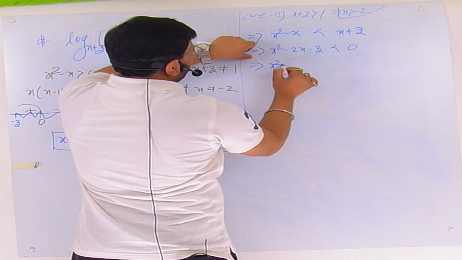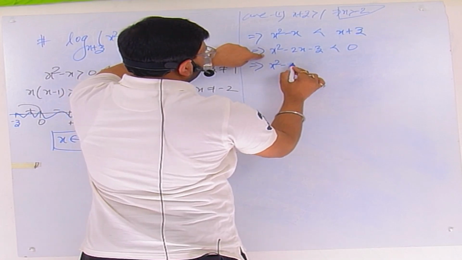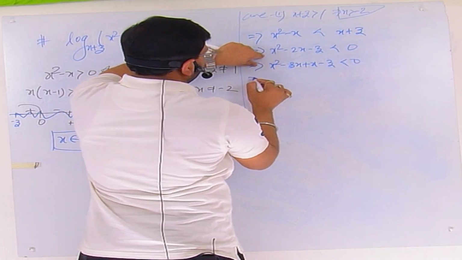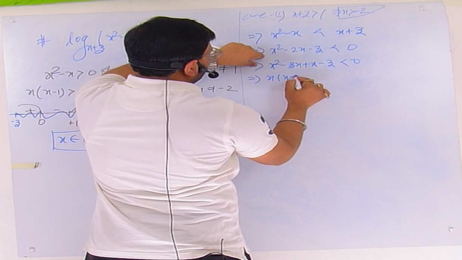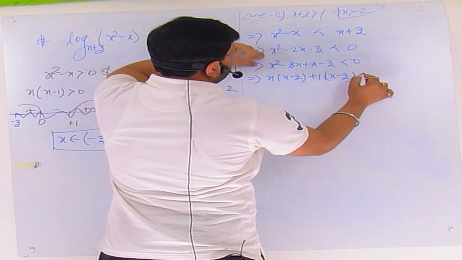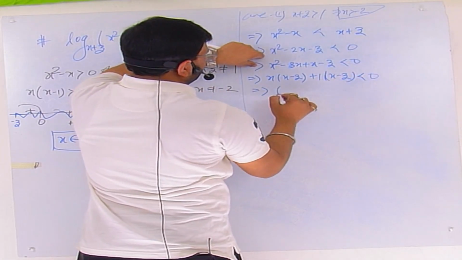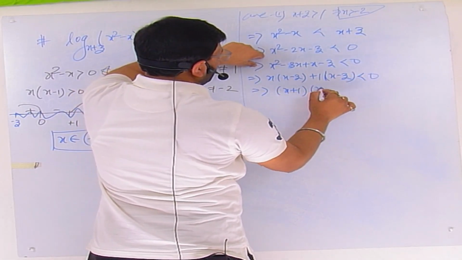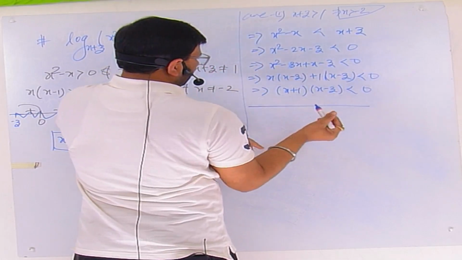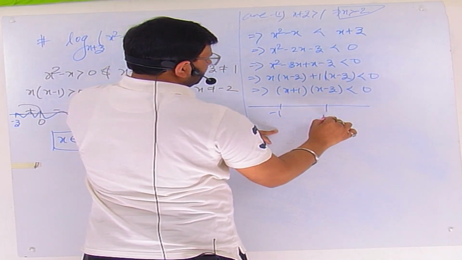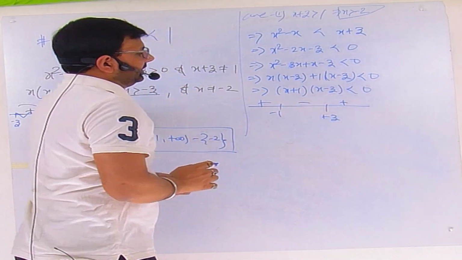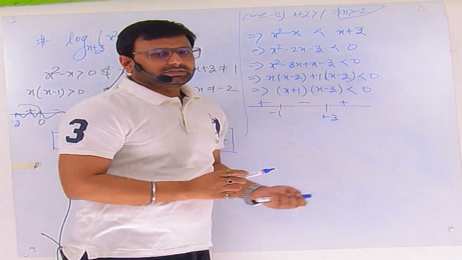So x square minus 3x plus x minus 3 less than 0. Taking x common, x into x minus 3 plus 1 into x minus 3 less than 0. So x plus 1 into x minus 3 less than 0. Here the roots are minus 1 and plus 3, with signs plus, minus, plus. I need less than 0.